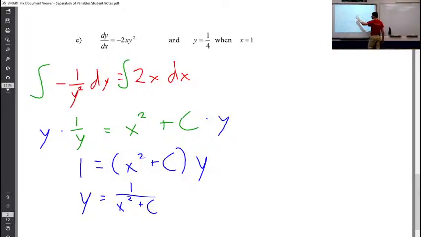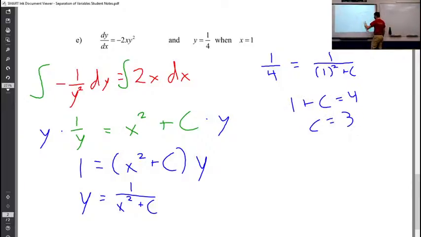Y is 1/4 when x is 1. 1 over 4 equals 1 over 1 squared plus c. And so this means we want the bottom here to be 4. You can do some fancy multiplying and that kind of stuff, but really, we want the denominators to match. The numerators already match. So y equals 1 over x squared plus our c is going to be 3.